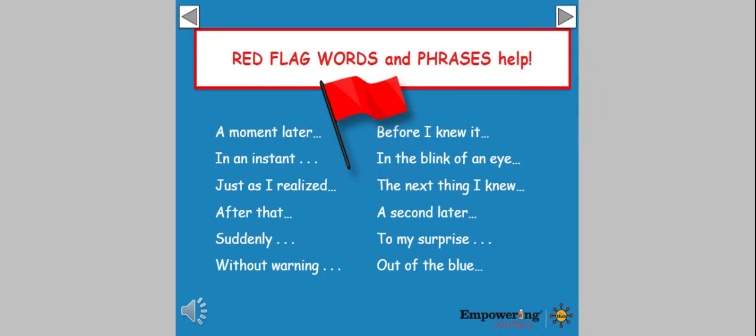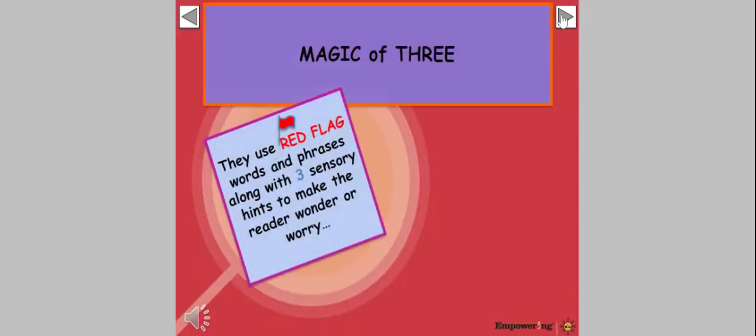It raises a red flag. It gets the reader wondering or worrying. So an author will use a red flag word or phrase along with 3 sensory hints to really make the reader wonder or worry. That's what the magic of 3 is all about.